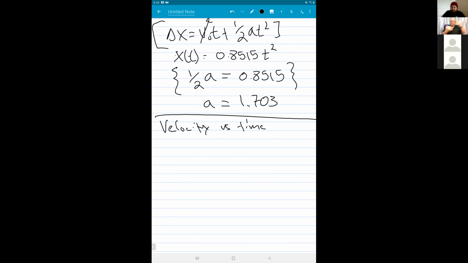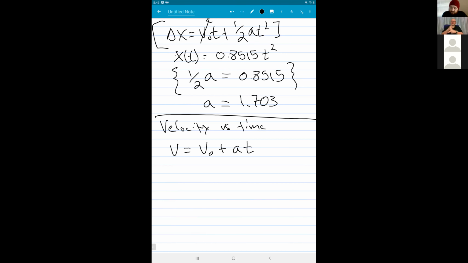We'll come back to some more of them later on. For now, we're doing initial velocity plus acceleration times time. I believe that's the one we're using now.